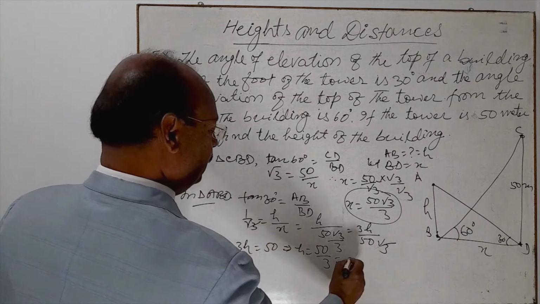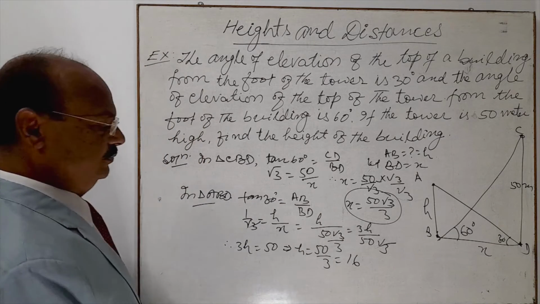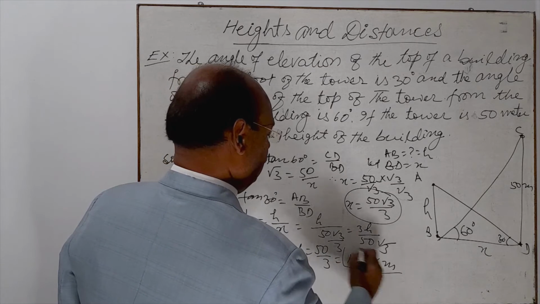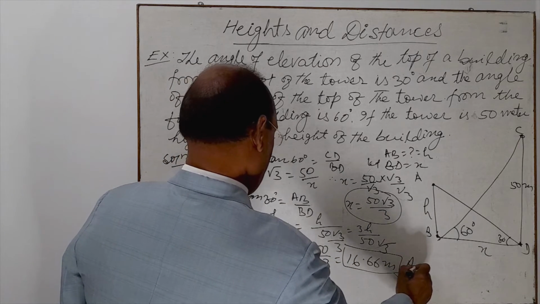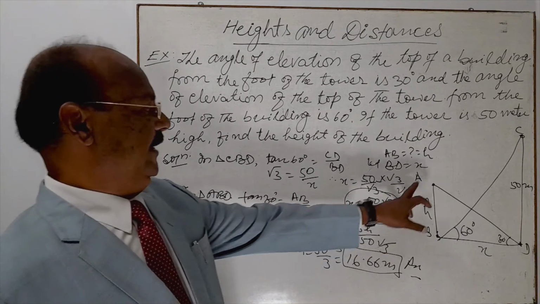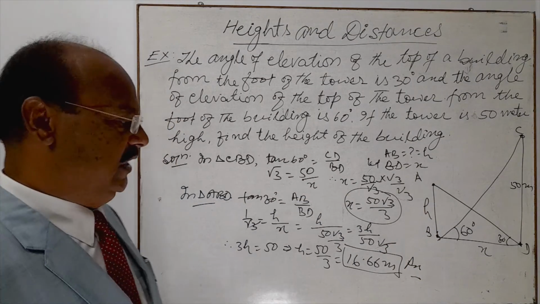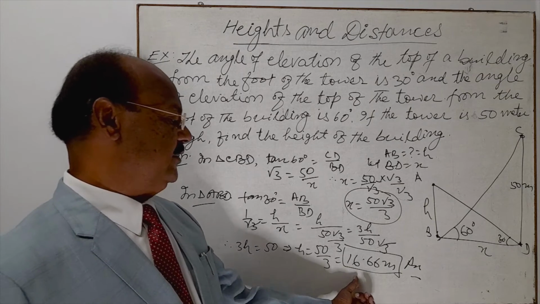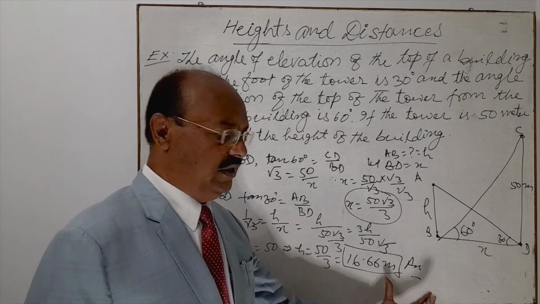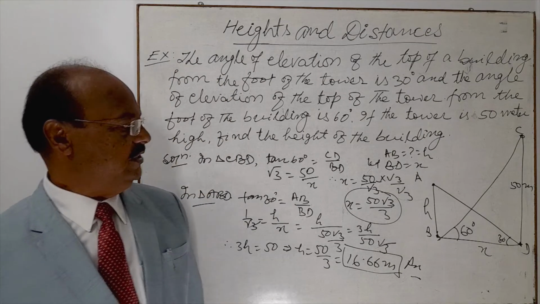This is equal to 16.66 meters. This is H. H means the height of the building which was required here. So the answer is 16.66 meters. This is the answer. Correct? I hope you have understood it.